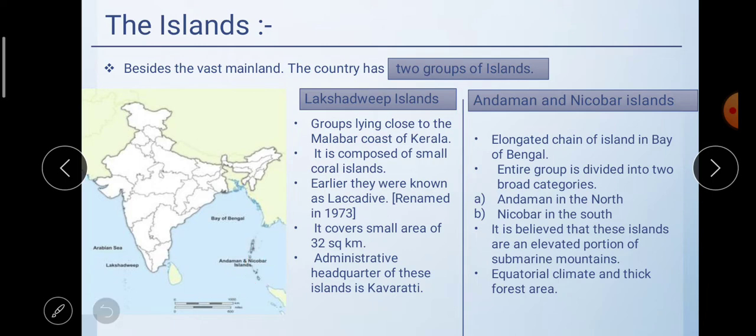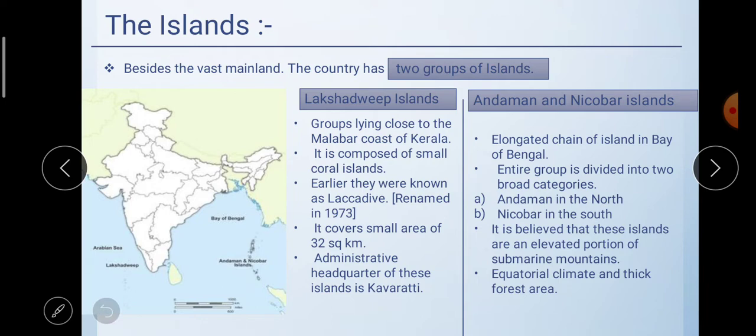They are an elongated, or long, chain of islands. The entire group is divided into two broad categories. The first one is known as Andaman in the north, and the second is Nicobar in the south.